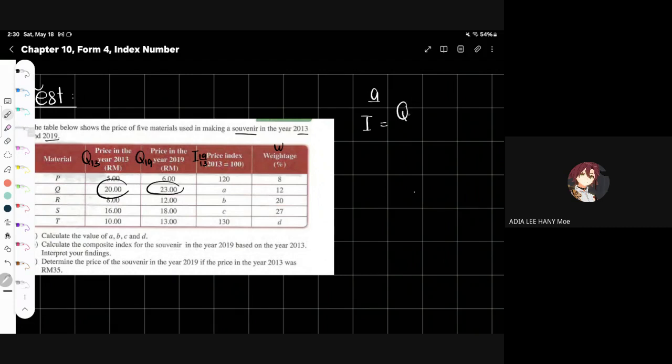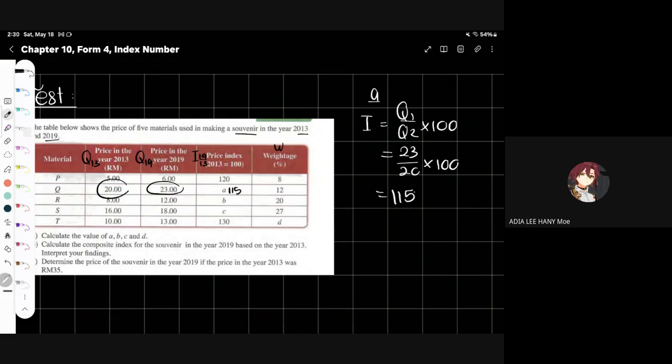If in case you forgot, it's Q1 over Q2 times 100, right? So it should be 23 over 20 times 100. Let's use the calculator: 23 times 100 divided by 20, 115. So A is 115.